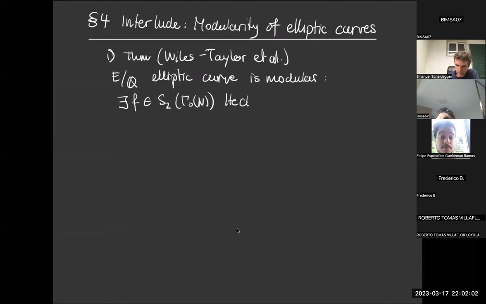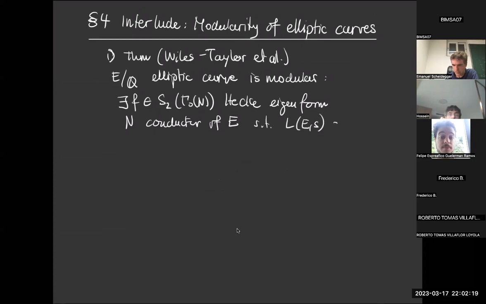a Hecke eigenform, where N is the conductor of E, such that the L function of the elliptic curve agrees with the L function of the modular form.